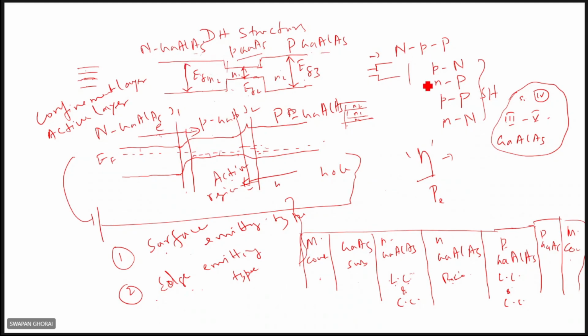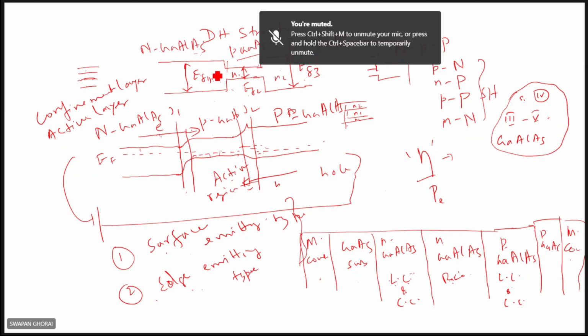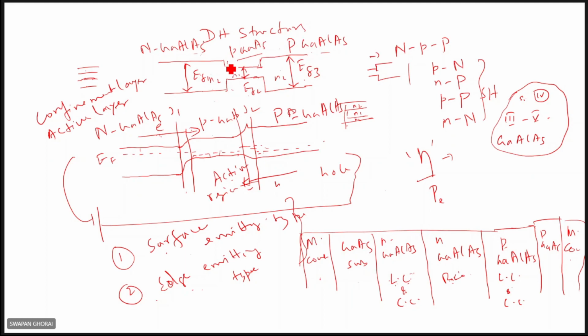This is a single heterostructure, but for LED you need a double heterostructure like NPP, NNP, because you need two junctions. Here you can see NPP, three layers are there, but two junctions are there. This is one junction, NP, and another is PP, another junction.